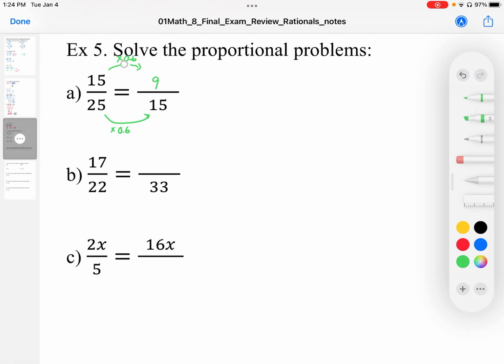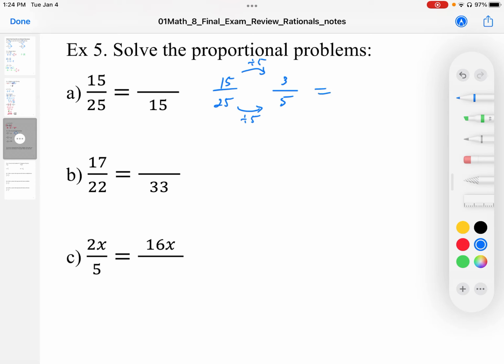Now, there are other ways we can do this as well. We can just do this in steps. So I can say that 15 over 25, I can divide by 5, and that gives me 3 over 5.